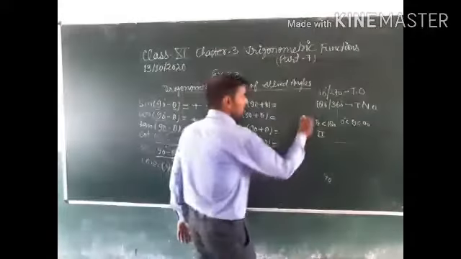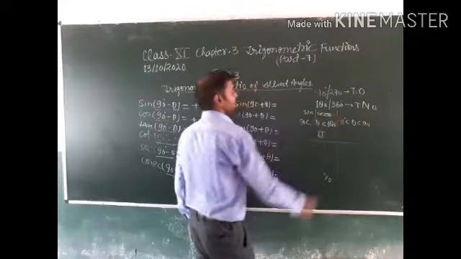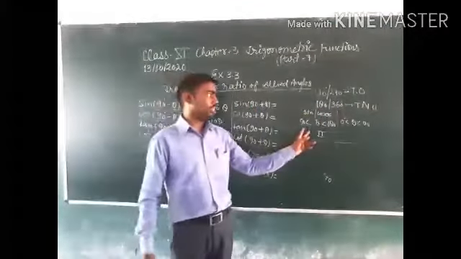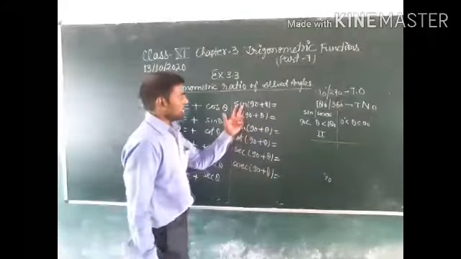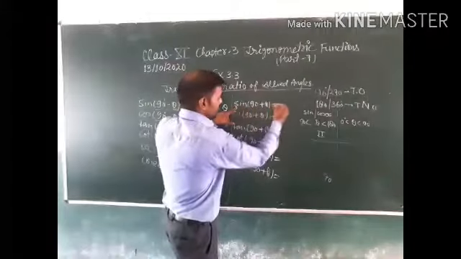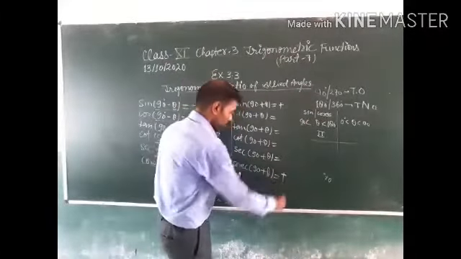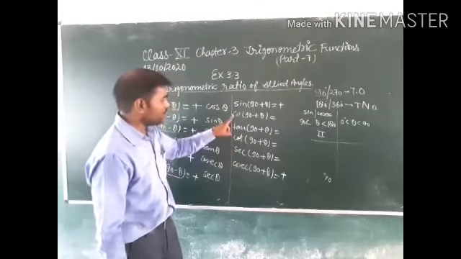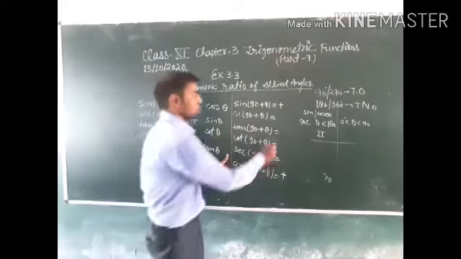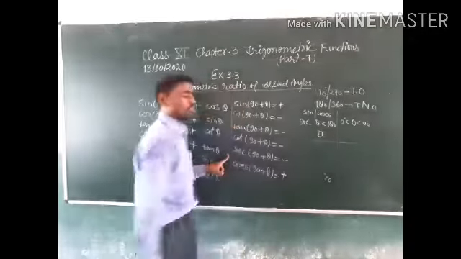And what is the condition of the second quadrant? Sin and cosec are positive, and the other trigonometric ratios are negative. So sin is positive, cosec is also positive, and the others are negative: minus, minus, minus, and minus.